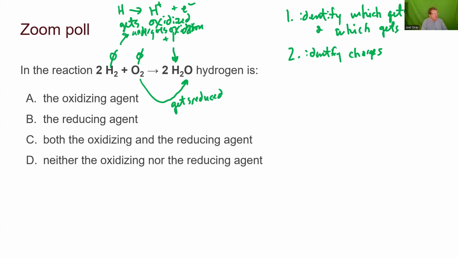So since hydrogen gets oxidized, what does that mean hydrogen is? Add your answer to the chat. If hydrogen gets oxidized, that means that it is the reducing agent.